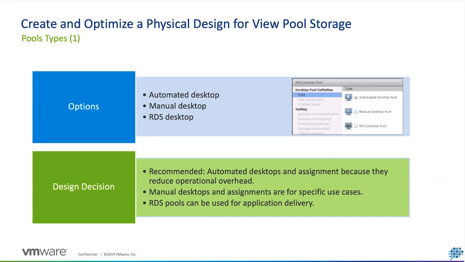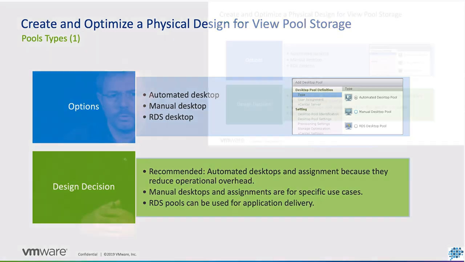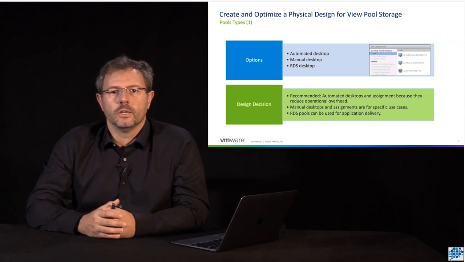Naturally, we aim to use automated pools because, like the name says, the pool is created automatically by the system from a master image. Manual pools, not so much. Remote desktop session hosts are very versatile and very good to promote applications to many users.